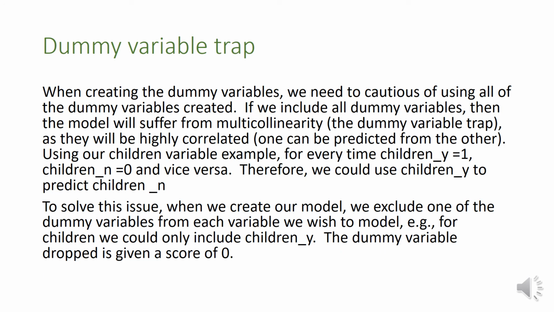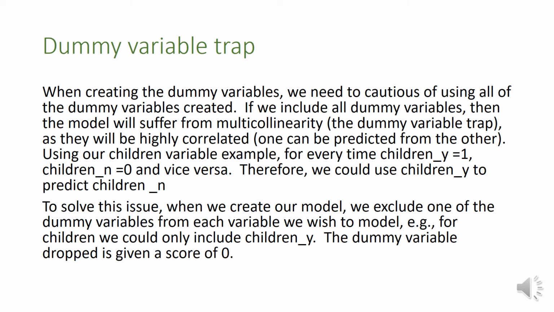Dummy variable trap. When creating the dummy variables, we need to be cautious of using all of the dummy variables created. If we included all dummy variables, then the model will suffer from multicollinearity, the dummy variable trap, as they will be highly correlated, as one of them can be predicted from the other.